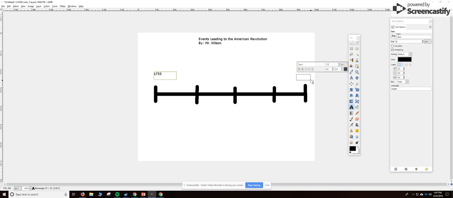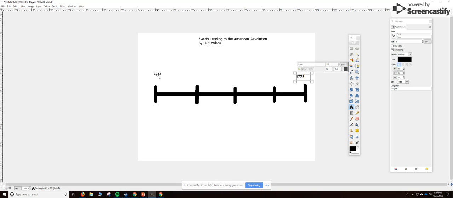And then our last marker on the timeline is going to be 1775, and we know that's 1 year before the American Revolution starts in 1776. So we've got a beginning and an end.